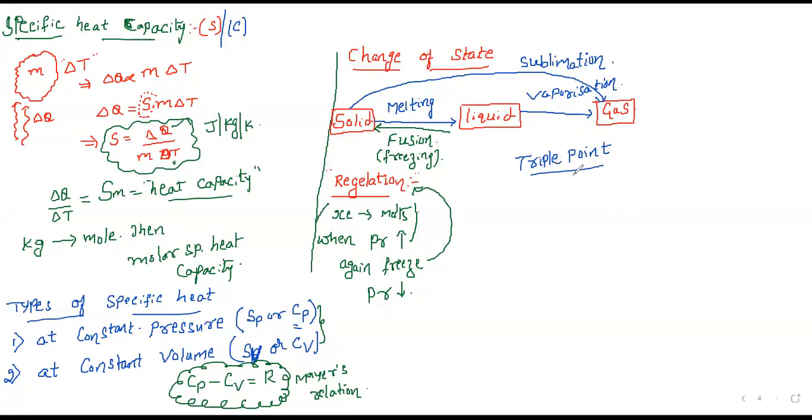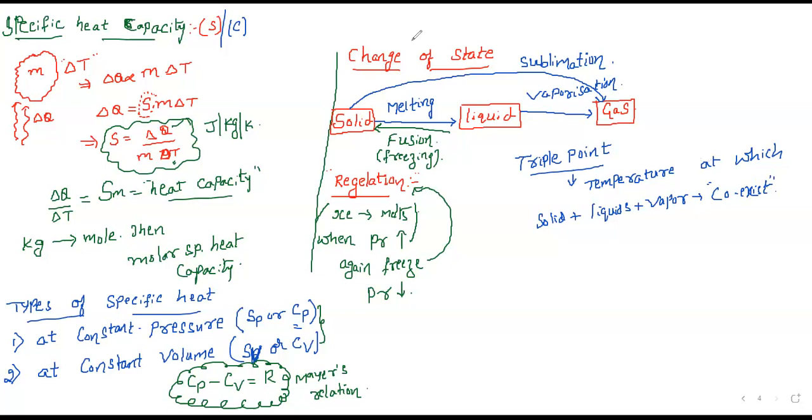So triple point is the temperature at which solid plus liquid plus vapor all will coexist. That is what we call the triple point.